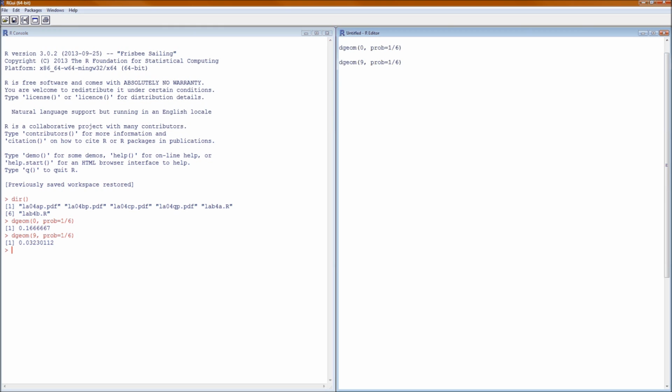Now, what's the probability that the game ends by the 10th roll? That means it could have ended on the first roll, the second roll, the third roll, the fourth roll, the fifth roll, all the way up to the 10th roll, which meant we could have had, as in the number of failures, anywhere between 0 and 9.